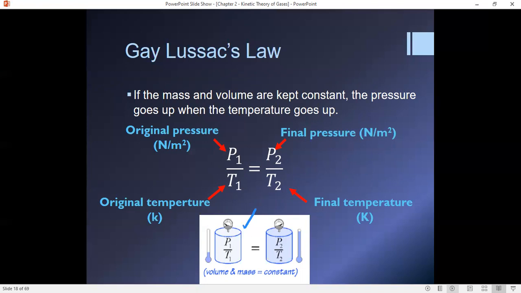When we're talking about doubling temperature, we're doubling the absolute temperature. So let's say we start at 200 Kelvin, and we raise the new temperature to 400 Kelvin. Now look at this. If I take T1 and double the temperature, T2 is twice as large, and for a given volume the pressure is also going to double. Again, this is known as Gay-Lussac's law.